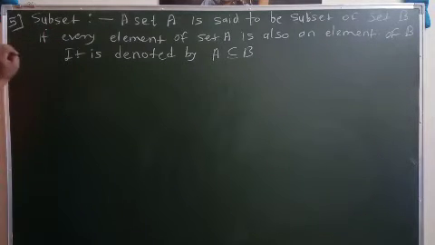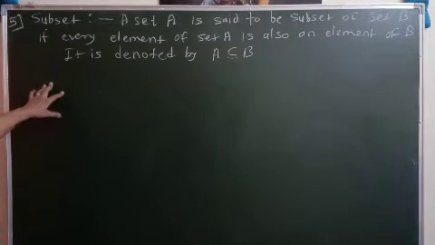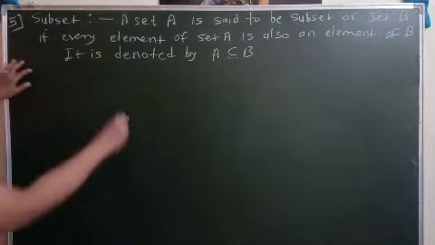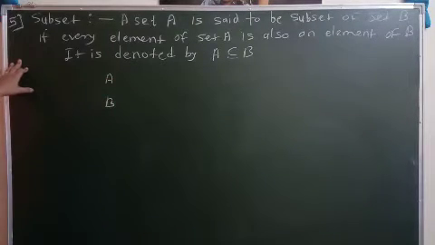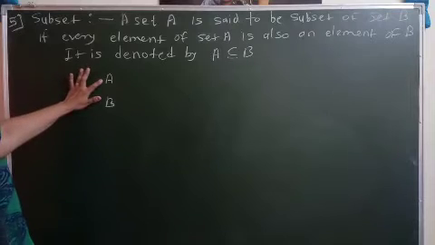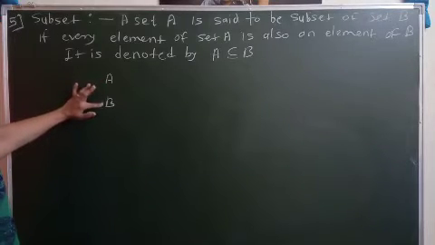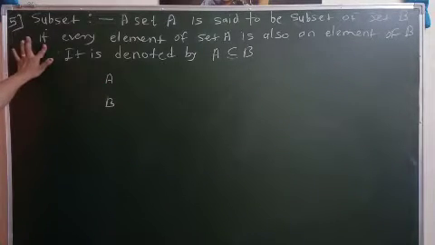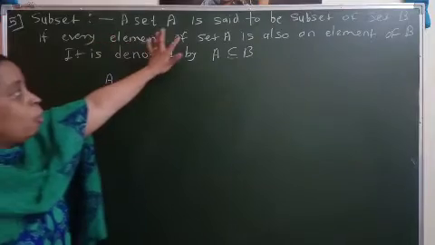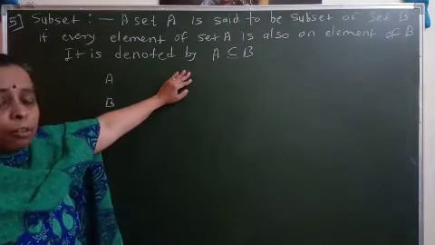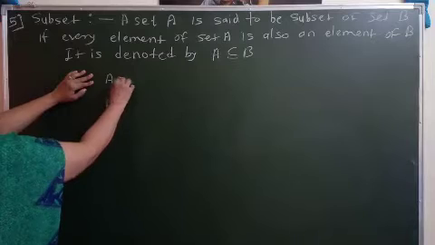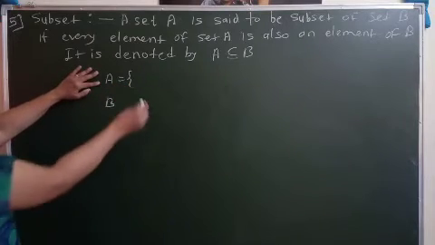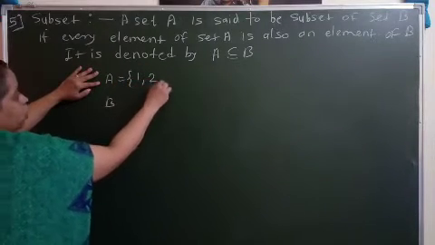डेफिनेशन काय सांगते? A set is said to be subset of set B. आपल्याकडे दोन सेट आहेत. One is A and second is B. So set A is said to be subset of this set B if every element of set A is also an element of set B. Suppose A contains 1, 2, 3.